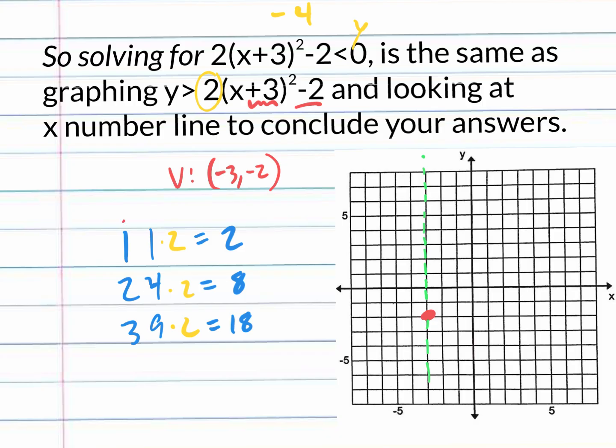But if we go 1 over and 2 up, you're going to end up right there on that x-axis. And if you go 2 over and 8 up, 1, 2, 3, you'd be right there. You would be 1 unit off the edge because yours is 1 unit smaller than mine. And of course, if you map them over to the other side, you'd be right there and right there.